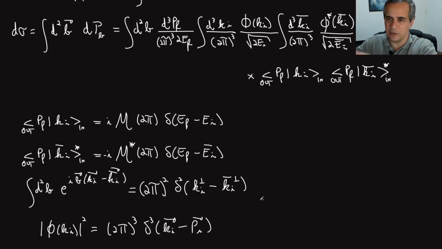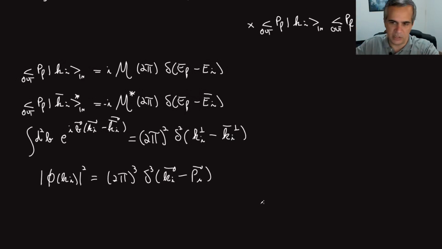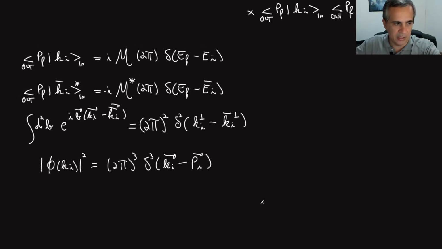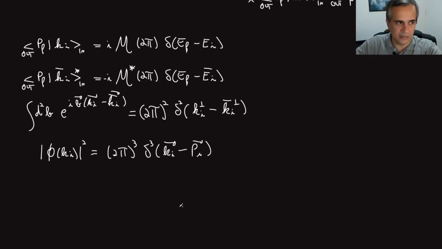If you're curious about the details on how to use these deltas, it is in my lecture notes, page 204. Take a look there, but it is simpler than the 2 to 2. The final result, I'll write it straight out here, is the differential cross section divided by the solid angle, which is part of the integral in p.